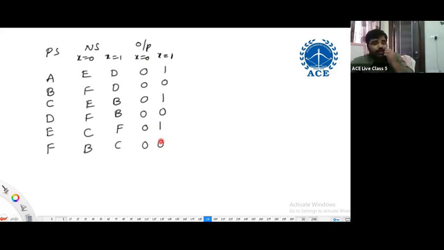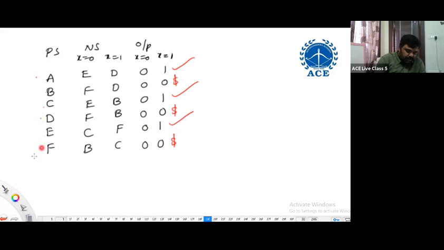Listen carefully, everyone can do this. To observe whether states are redundant or not, the first thing is that the outputs must match. I'm marking the ones having the same outputs first. These three have the same outputs, so I can look into these three first. If you observe A, C, E, you may not get clarity immediately.